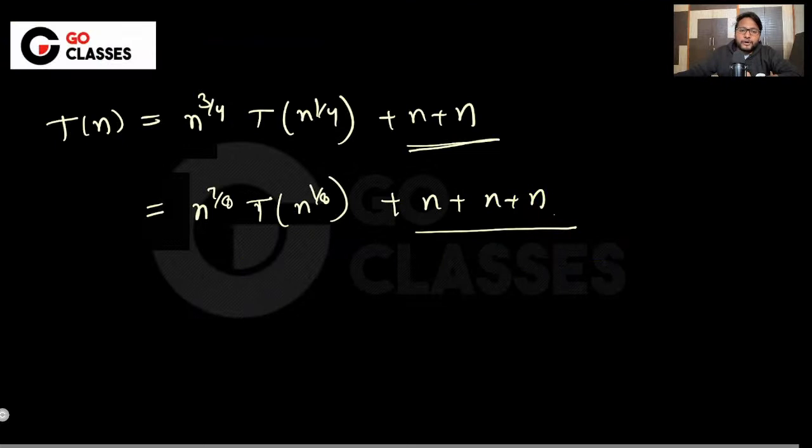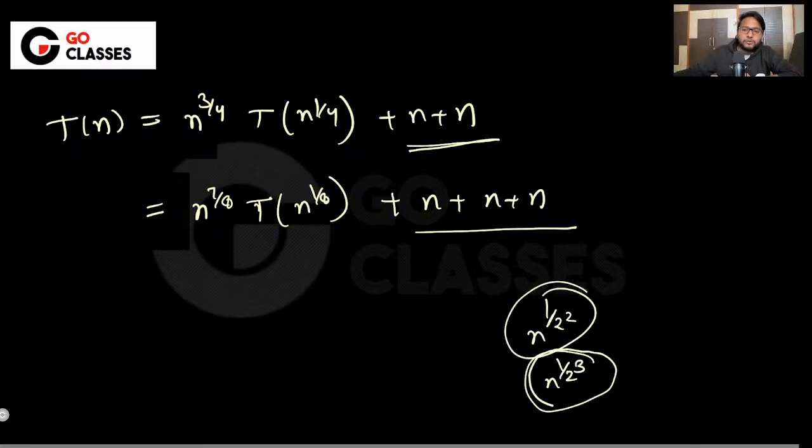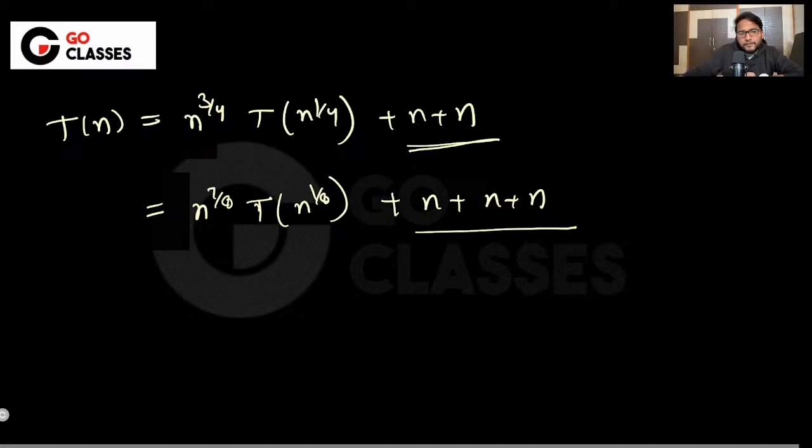Basically the powers follow the pattern 2 square, 2 cube. So ultimately this is T of n power 1 upon 2 power k, plus something, plus k times n.